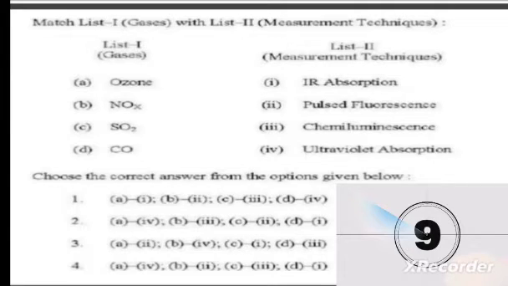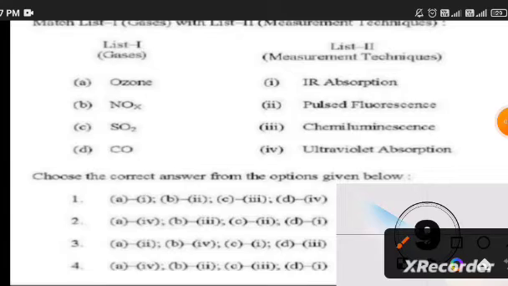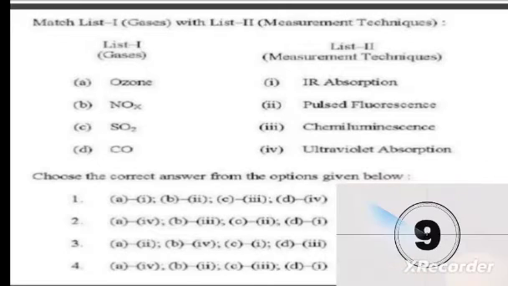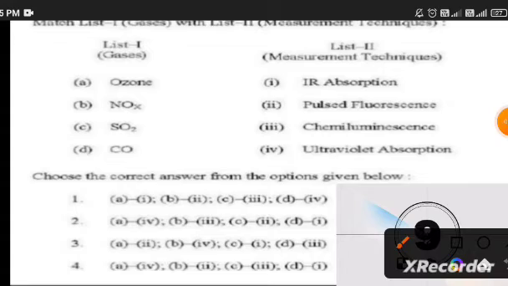Next question is a match type question in which list 1 gives gases and list 2 gives measurement techniques. So, as we know, for measurement of ozone, we use ultraviolet absorption.